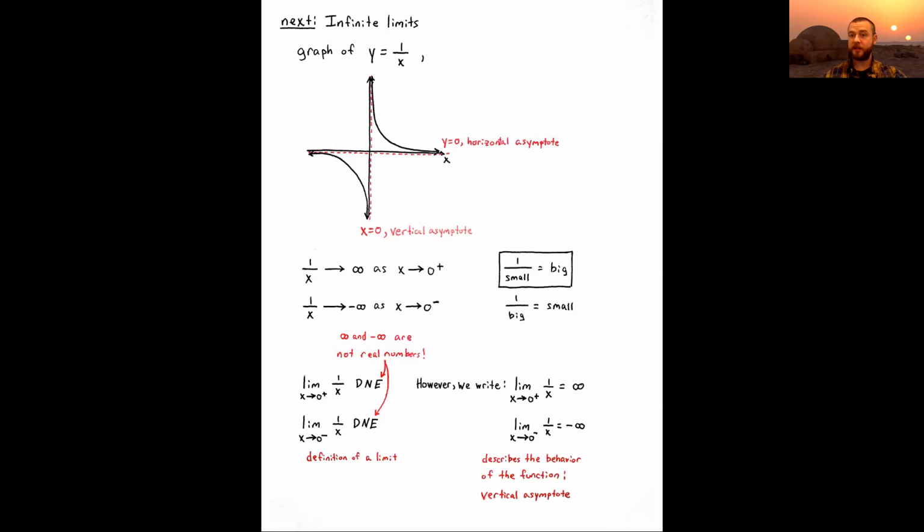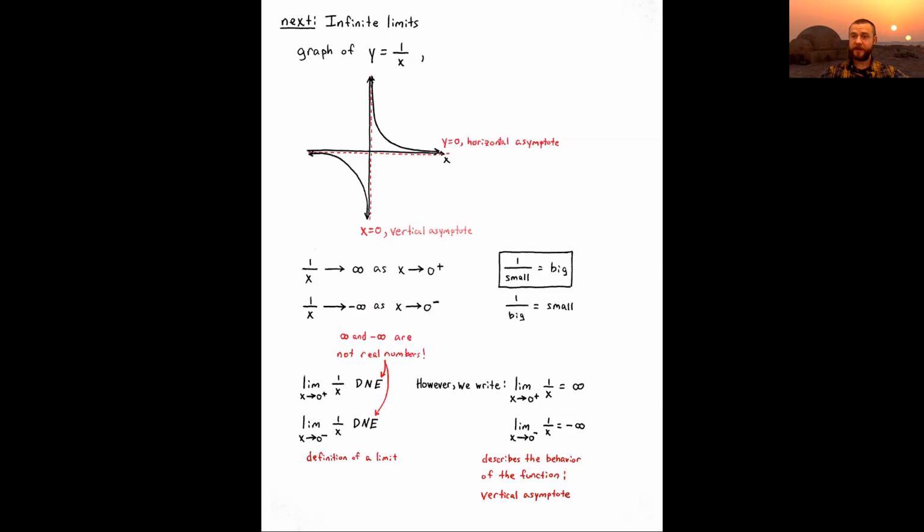We're going to write that the limit as x approaches 0 from the right of 1 over x equals infinity, or positive infinity. Why? The limit here technically does not exist, but that limit statement concisely tells you what's going on with the graph of the function there. As you approach 0 from the right, the graph shoots up towards positive infinity, describing the vertical asymptote and the behavior of that function.